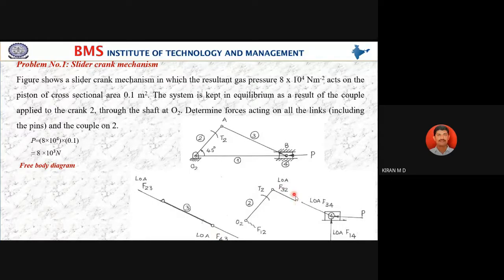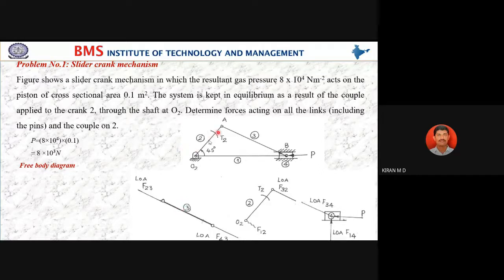Okay, so now I will write the link, this third link here. Now I have drawn the free body diagram for the piston. Now I will write the free body diagram for the connecting rod. I have drawn the free body diagram here. Okay, this force is acting, F4 on 3.